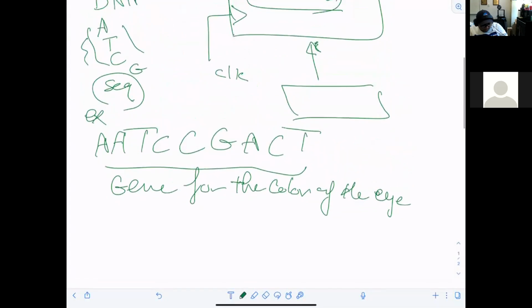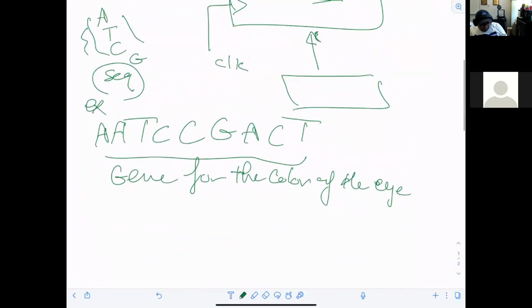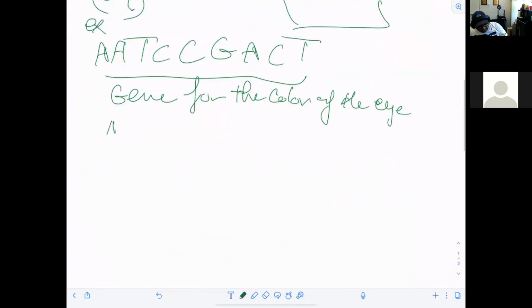So if you want to do this in our binary system, how is it going to work? One case: you can say A, T, C, G, those are the four bases. So they are going to be 0 0, 0 1, 1 0, and 1 1.